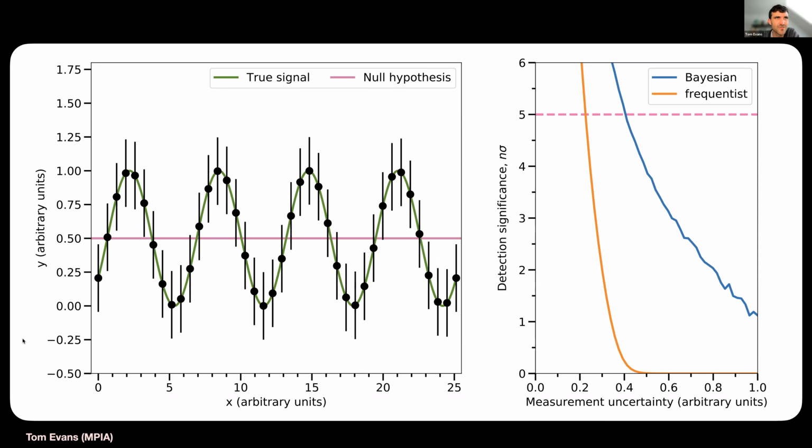You're effectively comparing the sinusoid model to the ability of the flat line to explain the data, whereas in the frequentist approach, you're just comparing the data to the flat line. I also wondered about exactly what you're saying, which is why I did this test. I don't understand the exact reason why, but for some reason the Bayesian approach is picking up on the signal quicker than the frequentist approach, which I think you would effectively be using. I don't know if that made any sense.